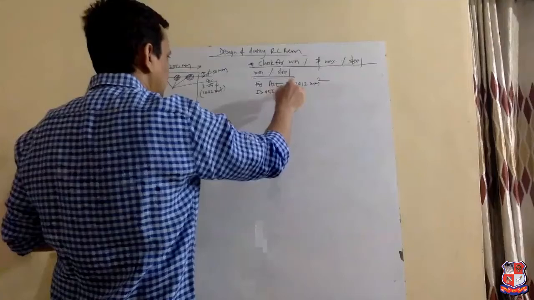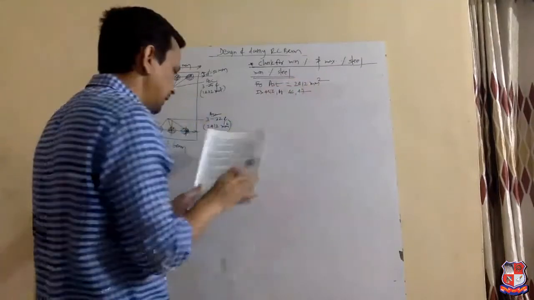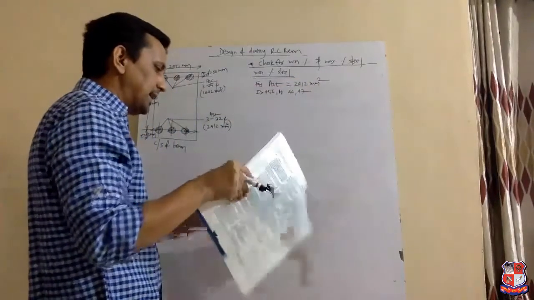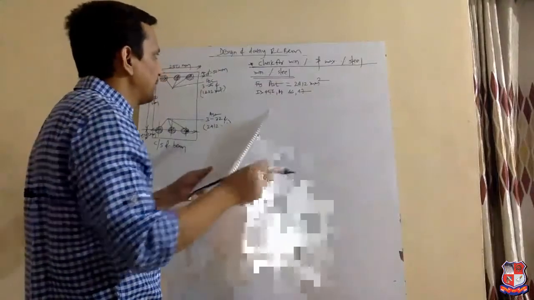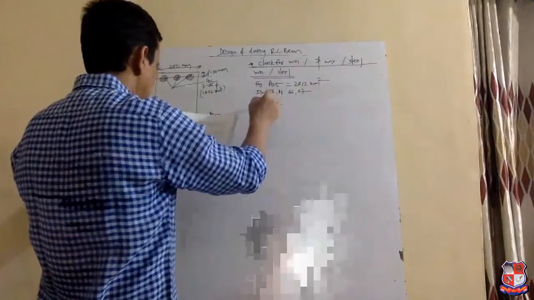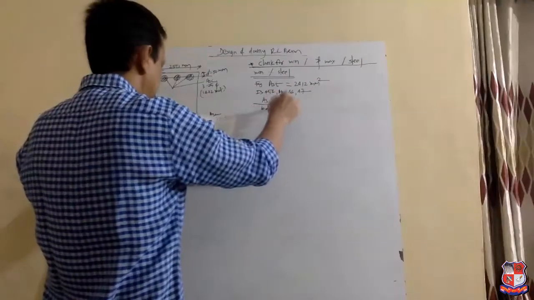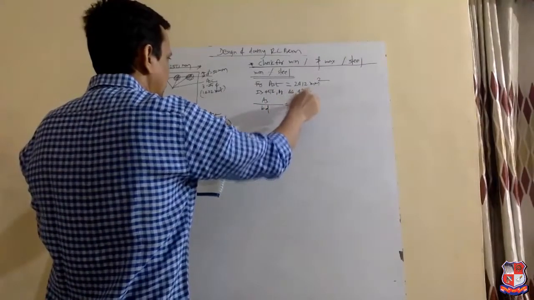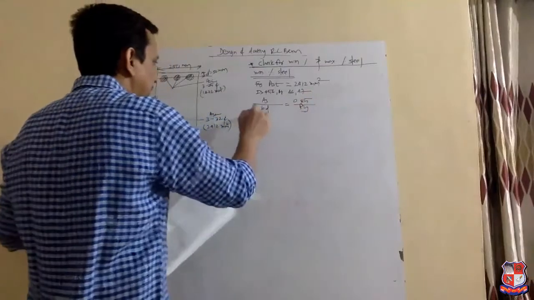page number 46, 47, they have given the criteria for minimum reinforcement or minimum percentage of steel: AS upon BD equal to 0.85 upon Fy.